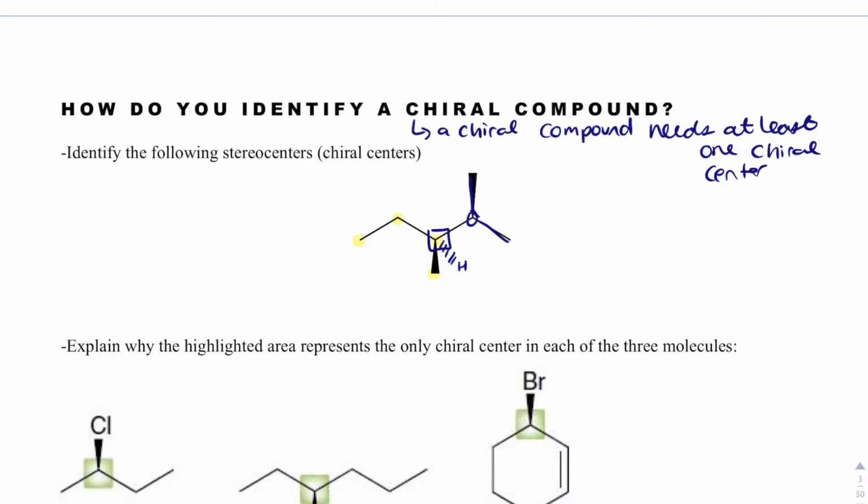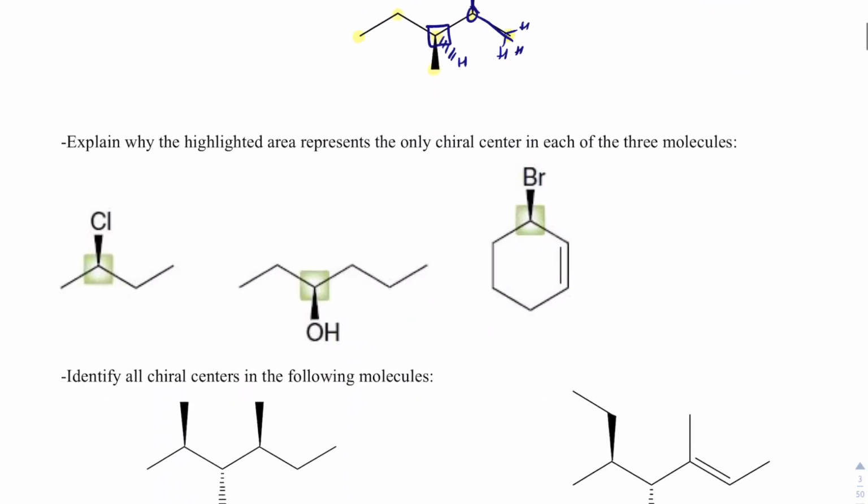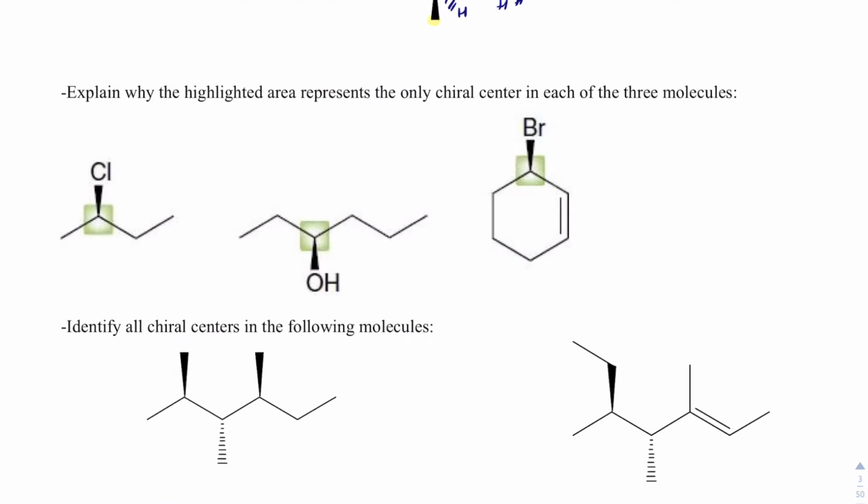And then these methyl groups, a methyl carbon will never be chiral because it'll have 3 hydrogens. So this compound actually only has 1 chiral center or stereocenter.